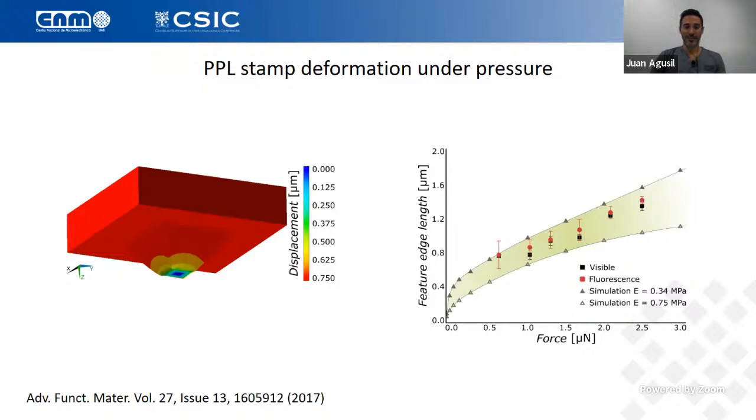And you can see the red and black points in the curves that show the correct size along the force when we print with our machine. So we can generate features from 1 micron down to around 790 nanometers per printed spot.